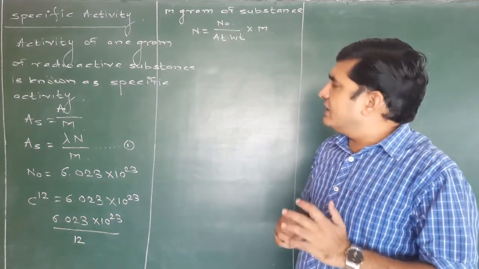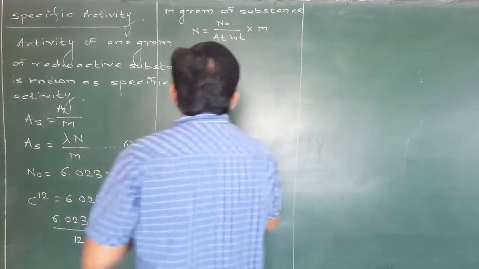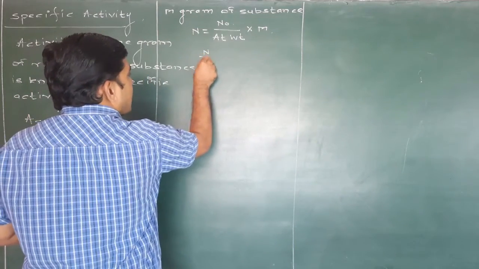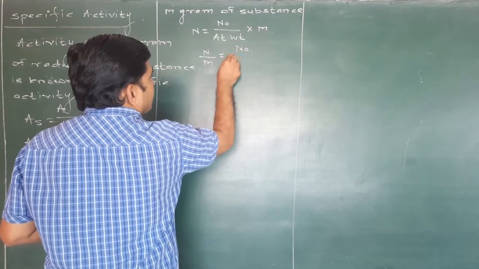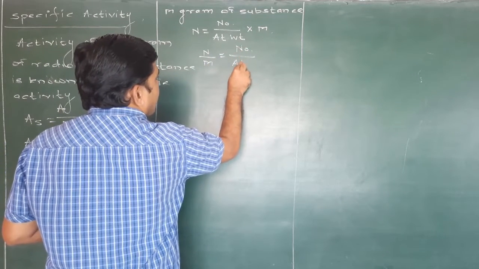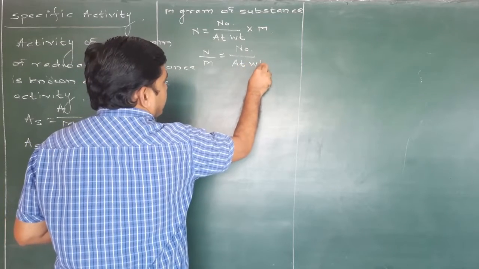And therefore, we can say that N upon M is equal to N0 divided by atomic weight.